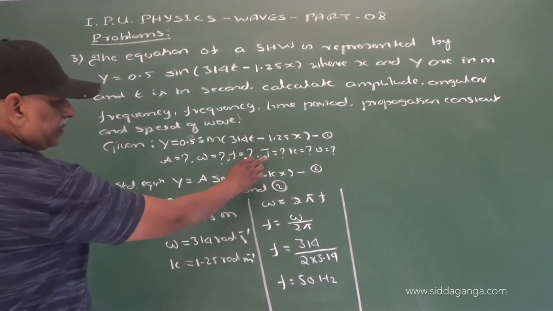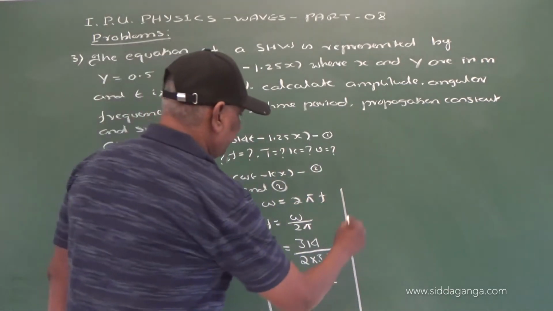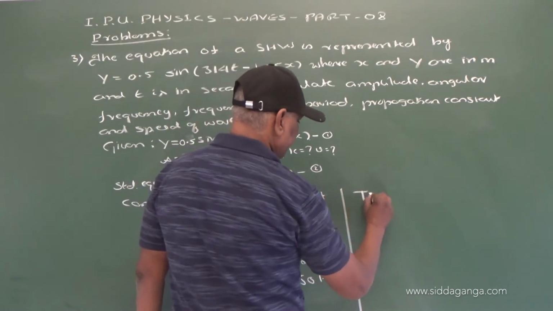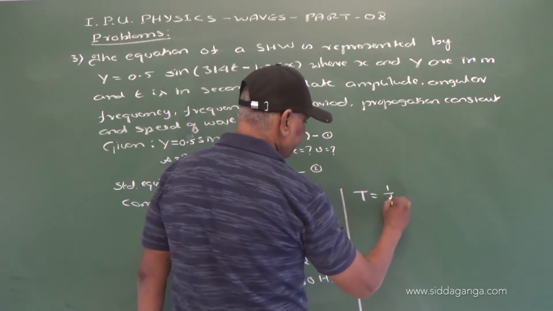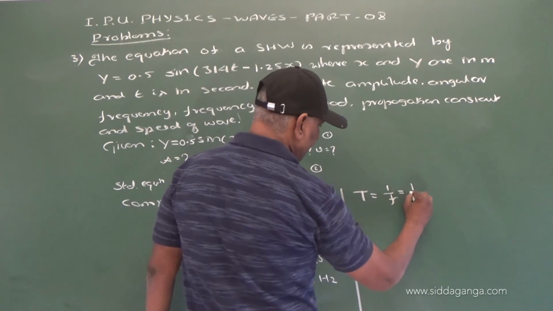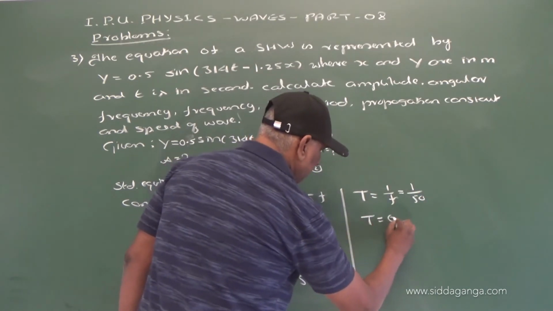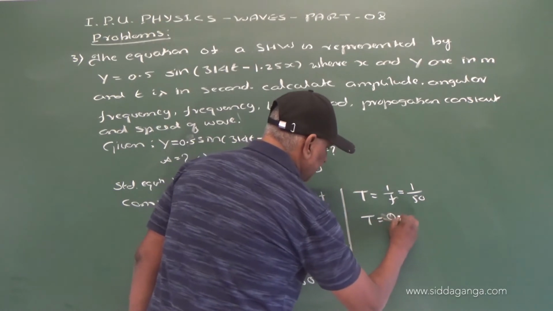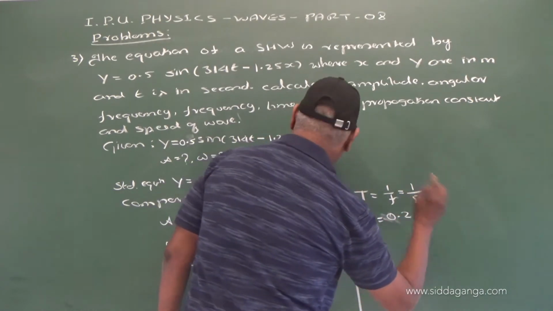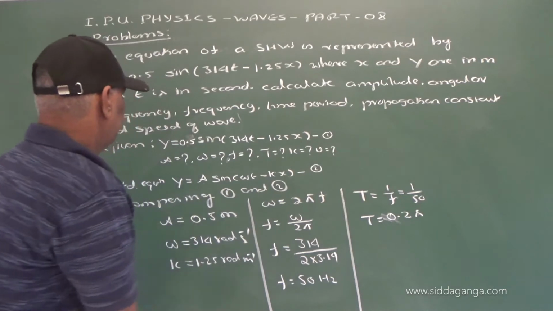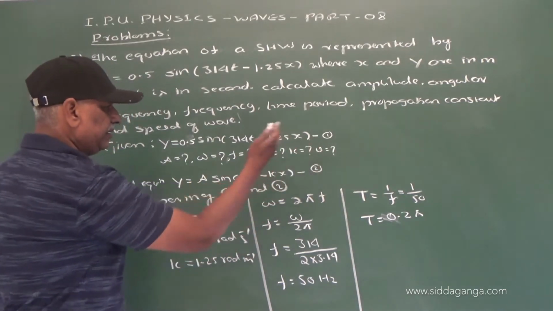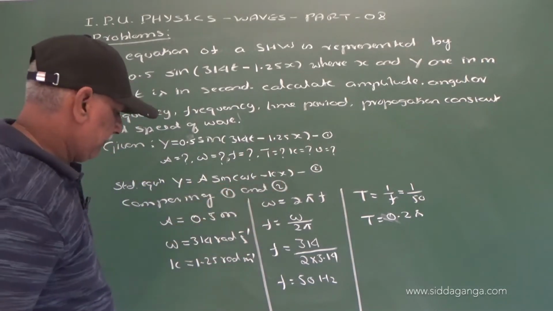Now T, we have T is equal to 1 by f, that is 1 by 50, or T comes out to be 0.2 second. So again we are left with v.